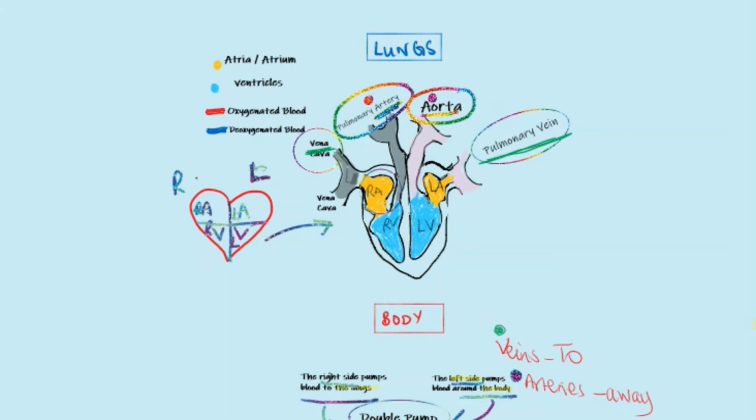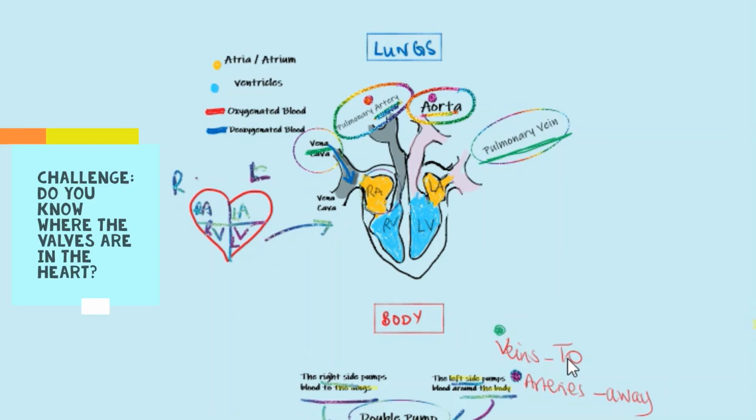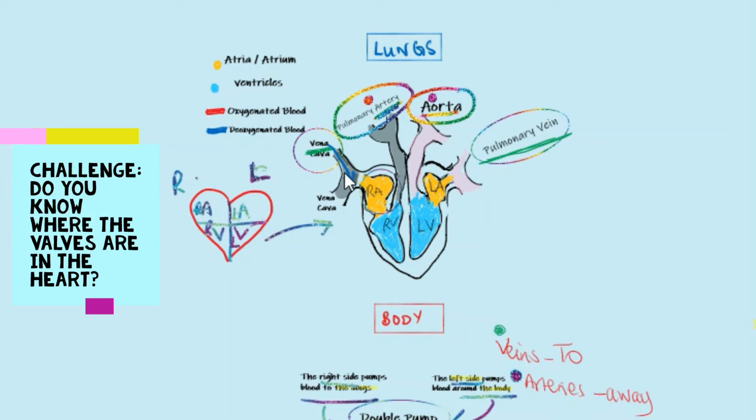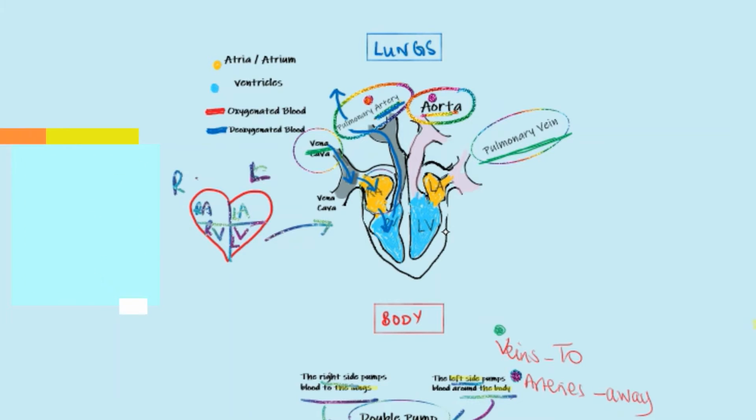Next step is to look at how the blood comes in. Veins bring the blood to the heart, so it would come in through the vena cava on the right side. It would pass into the right atrium, then would pass into the right ventricle and go out of the right side of the heart through the pulmonary artery.